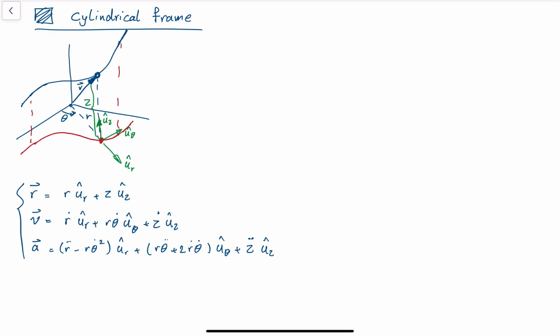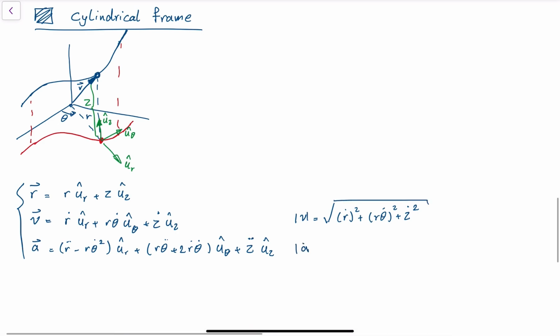So cylindrical is essentially polar frame, adding to it a z dimension or a vertical dimension. And everything essentially remains the same. Let me write it down. If you want to find the magnitude of velocity or speed, that is r dot squared plus r theta dot squared plus now z dot squared.